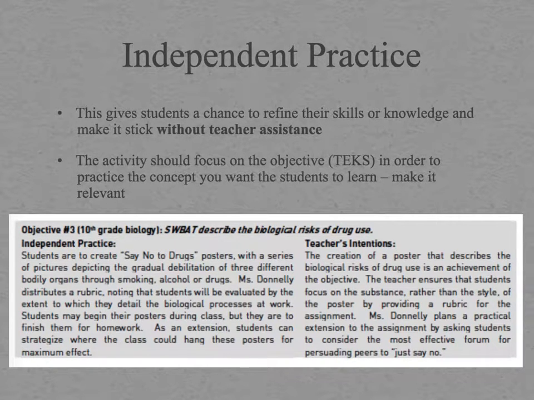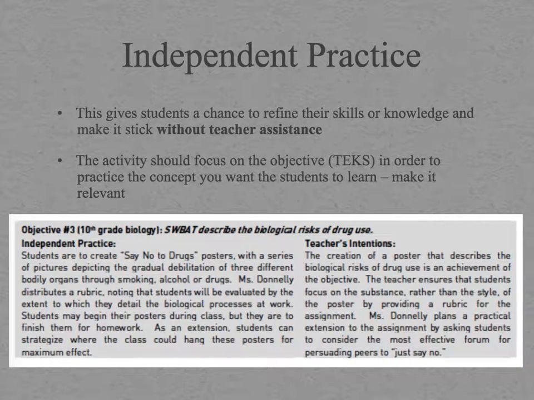The example we have down here is the students are going to create Say No to Drugs posters with a series of pictures depicting the gradual debilitation of three different bodily organs through smoking, alcohol, or drugs. The students are practicing what they learned about the dangers of drugs, alcohol, and smoking on your body.